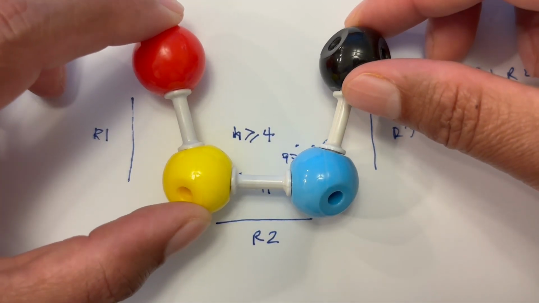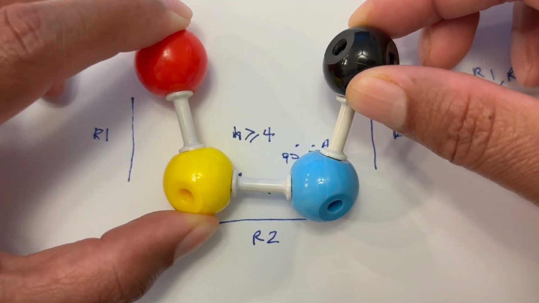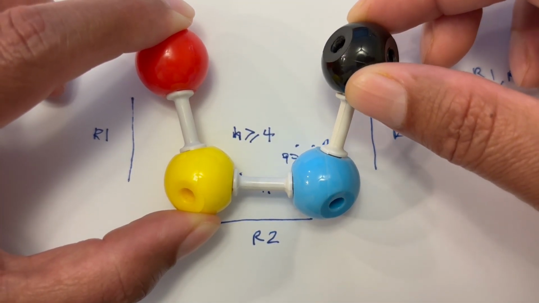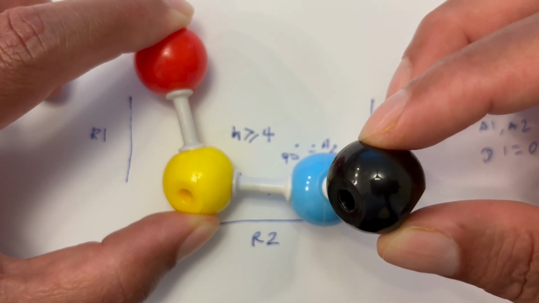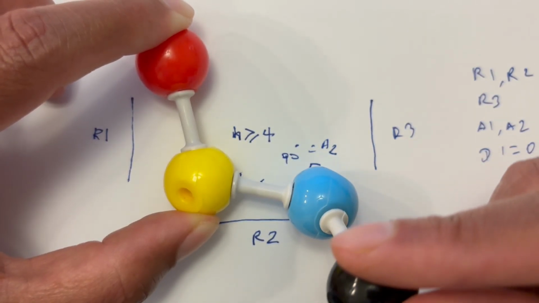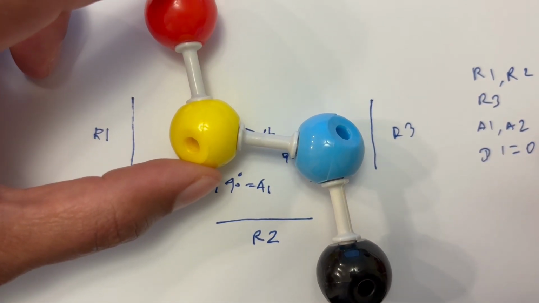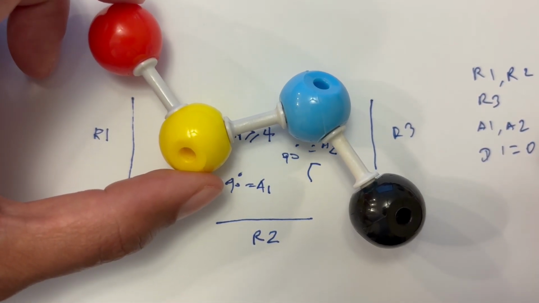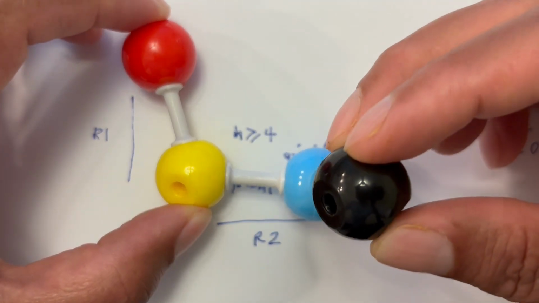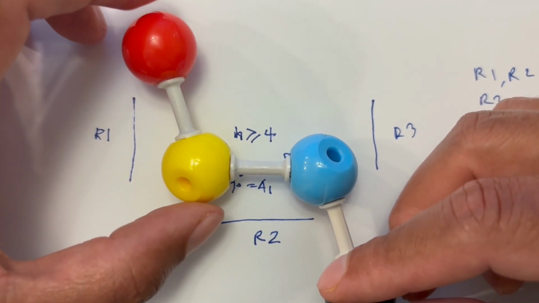The moment you move, it goes to the other plane. Here the dihedral angle is 90, and if you totally move to the other side, then it becomes 180. So this is 0, 90, 180.